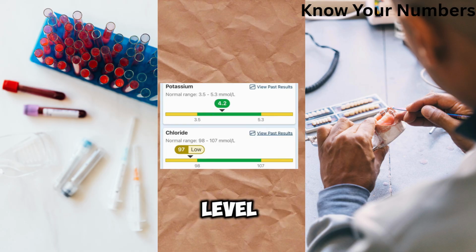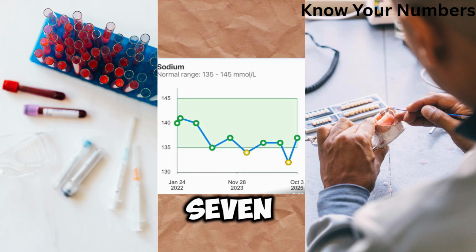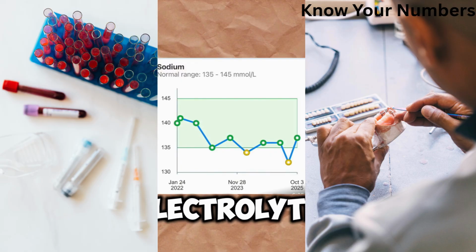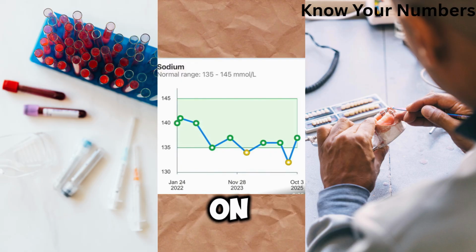The chloride level is 98 to 107. Mine was 97. Another important electrolyte to keep an eye on is your sodium. You can see on the screen the graph of my sodium from 2022 to 2025. The minimum sodium level is 135, while the maximum is 145.